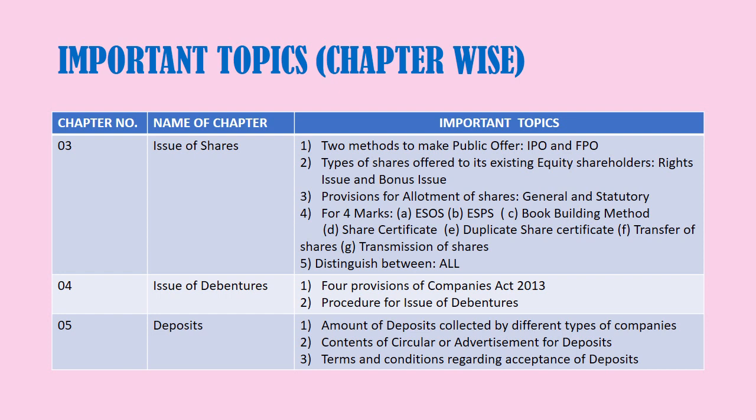We have amount of deposits collected by different types of companies, contents of circular or advertisement for deposits, terms and conditions regarding acceptance of deposits. These 3 topics are very important in this chapter, and these are going to be asked for 4 marks. Even for chapter number 4, issue of debentures, we have topics for 4 marks each.